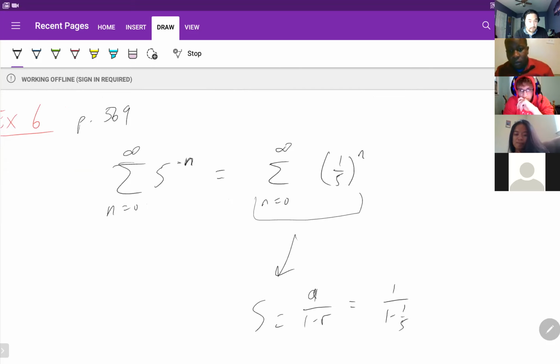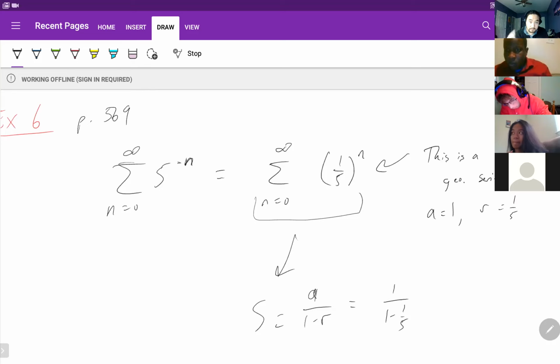You need to state, this is a geometric series where a is 1 and r is 1/5. That's the first thing. The second thing you state is, since the absolute value of r is less than 1, now you can say that. Do you see what I did there? Do not just jump straight to your answer without explaining how you got there.